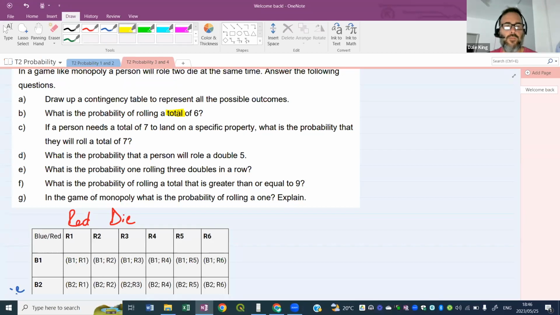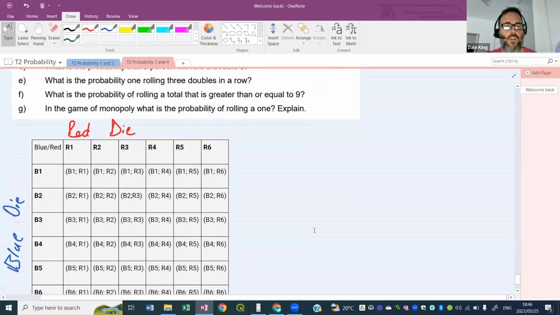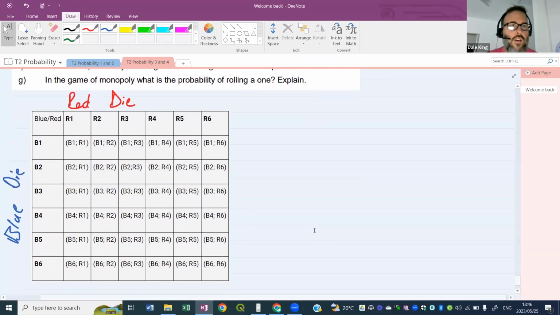Oh, 3 and 3. Good. Very good. So there could be a 3 on the one and a 3 on the other. Where do we see that? There we go. 3 on the one and 3 on the other. What else? What other combinations will give us a total of 6? 2 and 4. Absolutely. So 2 on the blue, 4 on the red. 1 and 5. Very good. 4 on the blue, 2 on the red.